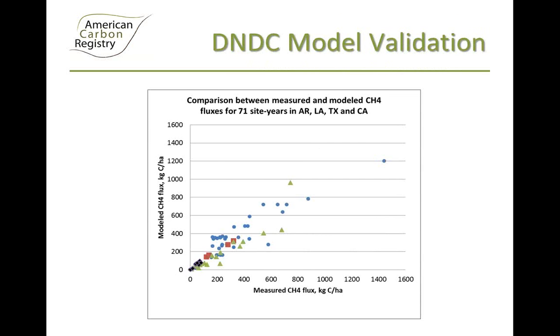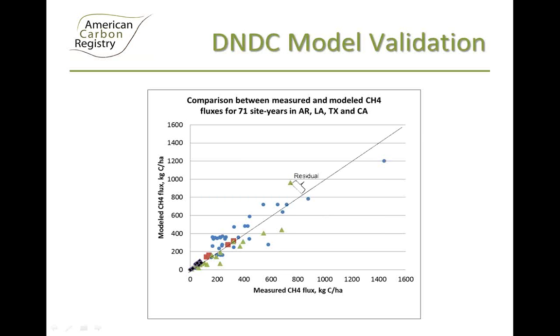So here's an example of 71 data sets that we've done independent model validation for DNDC. The different colors represent different states. As you see, there's a fairly good correspondence in general between the magnitudes of measured emissions and modeled emissions, but there's some clear scatter from the one-to-one line.